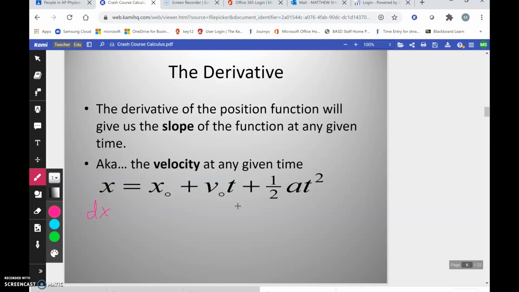We're going to take the derivative not with respect to x, but with respect to time. So time, the t's in here, are really what's changing, are my variables. Whereas these other things are just constants, and then 1/2 a is also a constant.